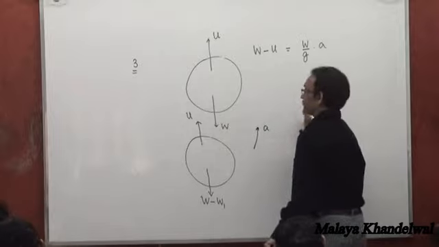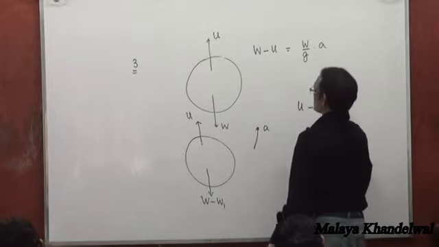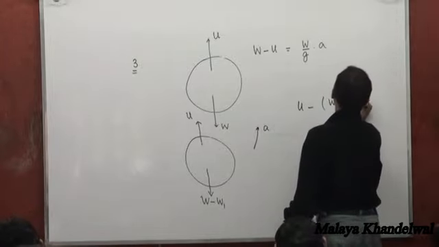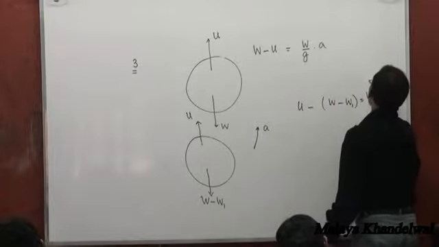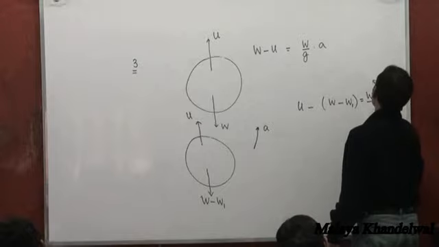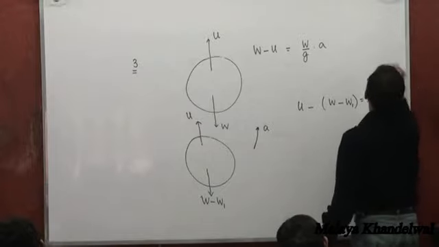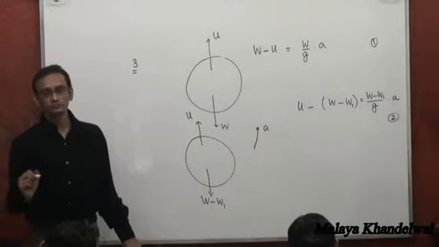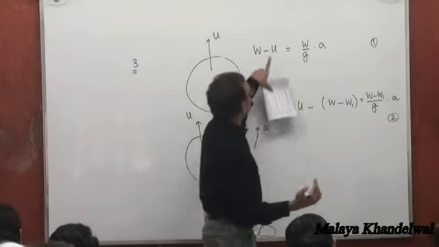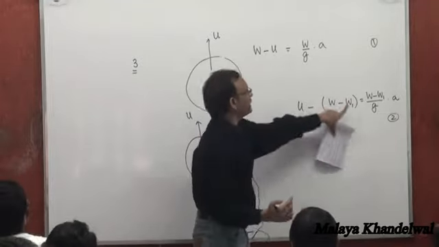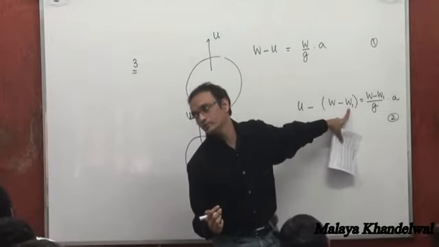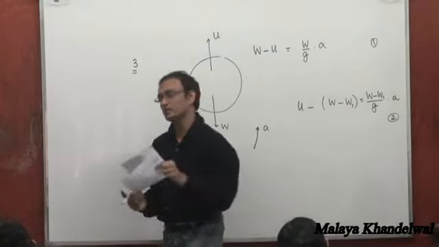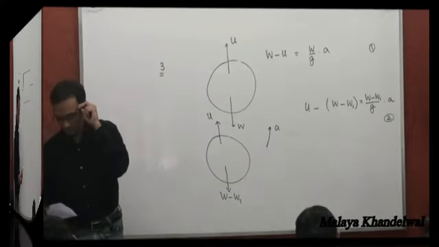We then have for this situation, U minus W1 equals the mass, which is W minus W1 by g into acceleration A. Yes or no? And to be able to compute W1, you add these two, U gets eliminated and W1 can be obtained. Add these two equations, you will obtain W1.